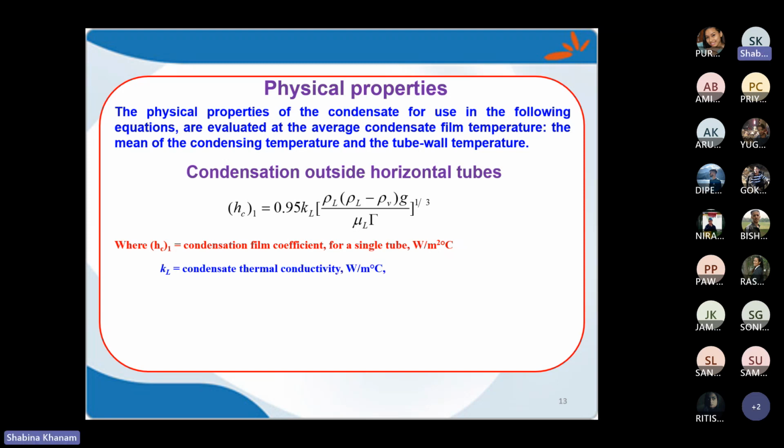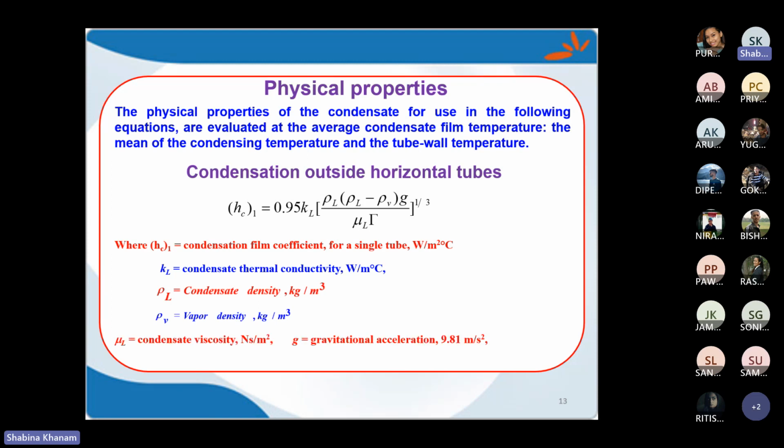Here I am having the KL, that is condensate thermal conductivity. The different properties are there which you can see; these are not difficult to understand. The major point is this capital gamma. I don't remember what it is called, but as far as I remember, this is capital gamma.